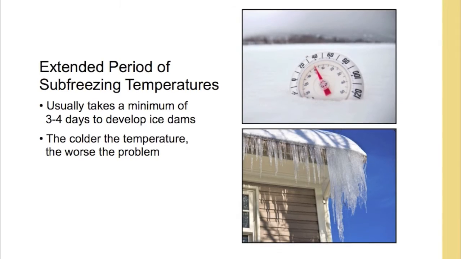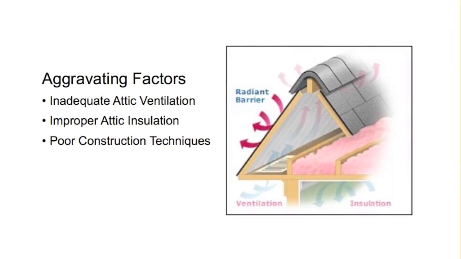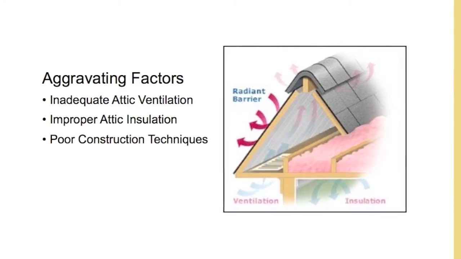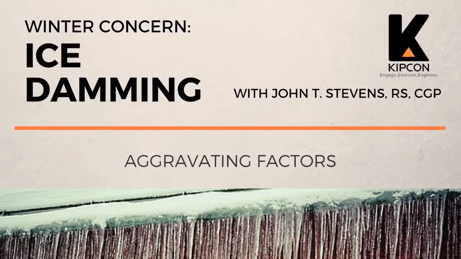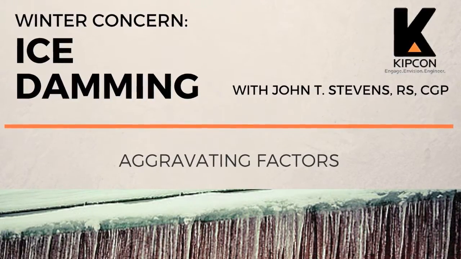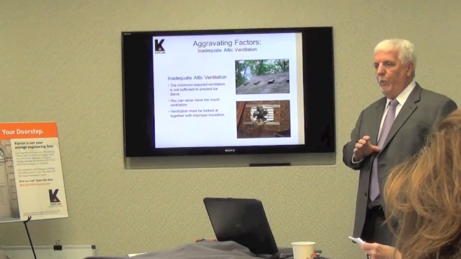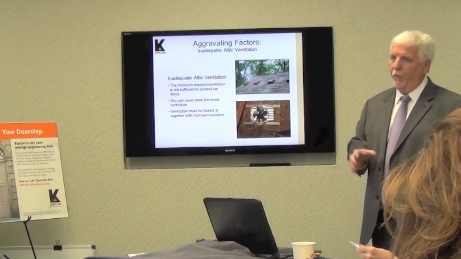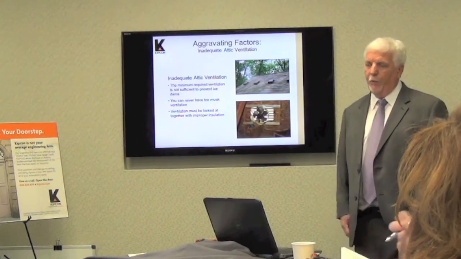Now, aggravating factors, as I was mentioning, are inadequate attic ventilation, improper insulation and poor construction techniques. The minimum required ventilation under the building code is not enough ventilation to prevent or minimize ice dams.